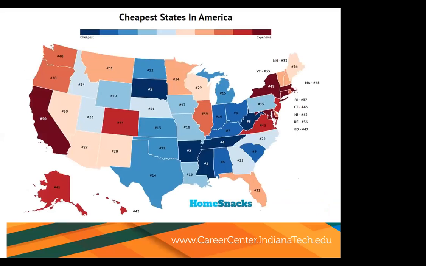So here's the map of the United States, and you can see depending on where you go, the cost of living is going to vary. So the most expensive are going to be the maroon color, and then all the way to the dark blue, which is the cheapest. So if you're comparing a salary again from California to Texas, it's not going to be the same thing, right?